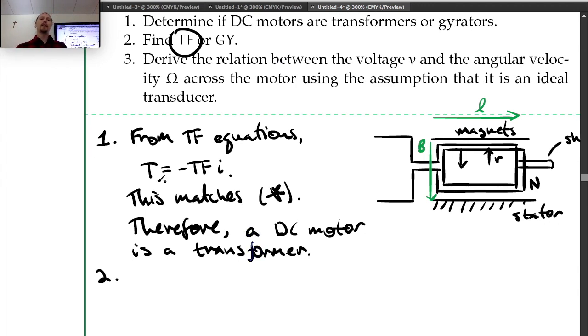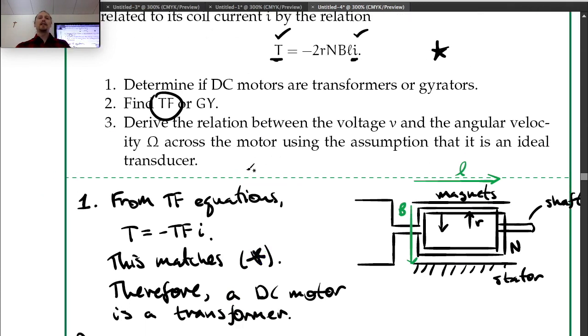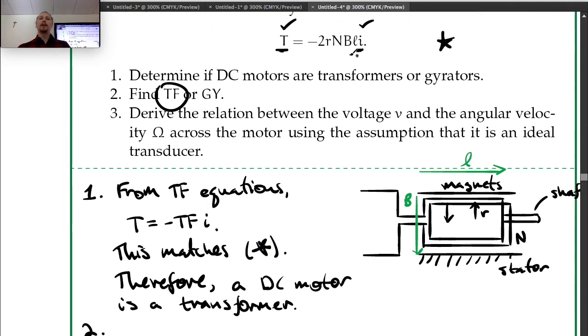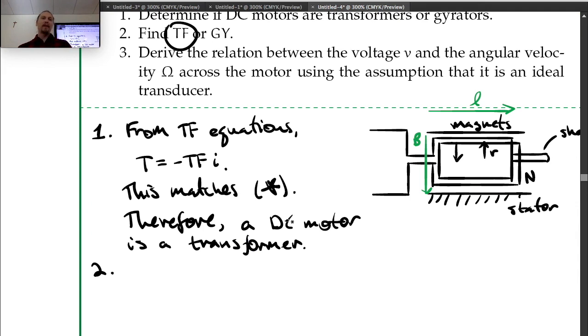We know that T is equal to negative TF times I. We could actually just immediately look and identify it if we wanted to, but also we could say, well, we know that TF is going to be equal to negative T over I, and we could solve for negative T over I in this equation. Either one, I'm fine with either. So let's do that. From this we know that TF equals negative T over I.